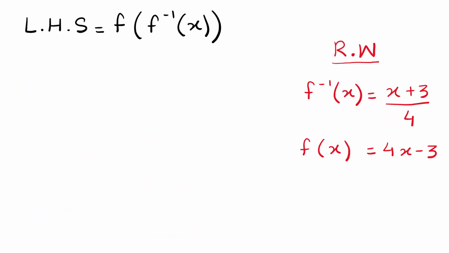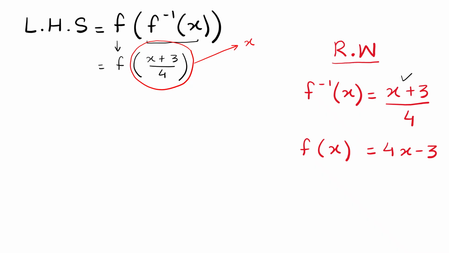Consider the left hand side, which is f of f inverse of x. Write this f as it is, and write the value of f inverse of x, which is x plus 3 over 4. Consider this x plus 3 over 4 as x.